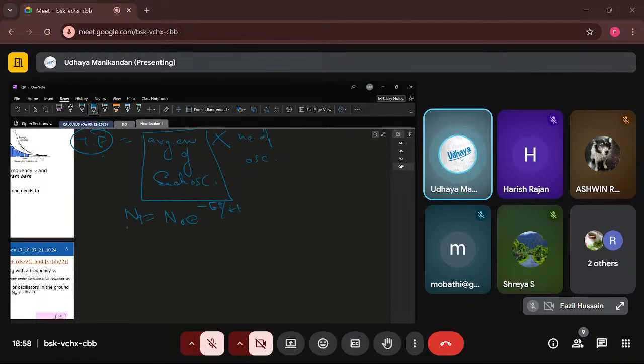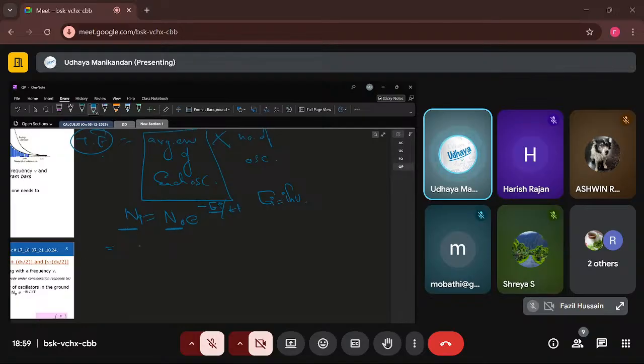Here n is the number of oscillators in the ith energy level, n naught is the number of oscillators in the ground level, and Ei is the energy of the ith level, which is nothing but i h nu. You know that, right? So this is the formula which generalizes the number of oscillators in the ith level. What you are interested in is the total number of oscillators, so the total number of oscillators will be given by the formula.